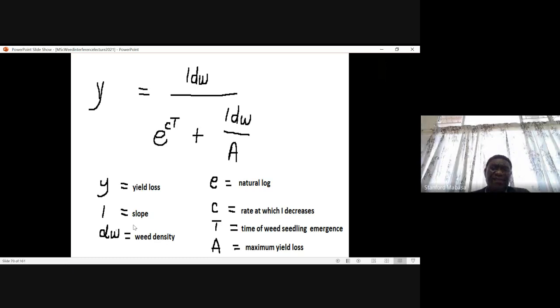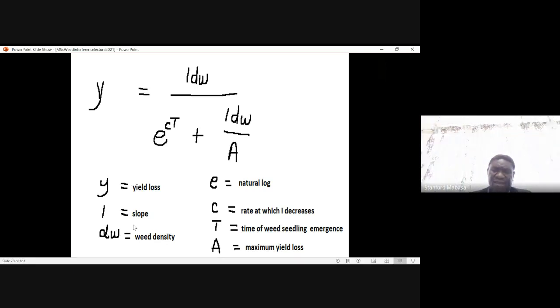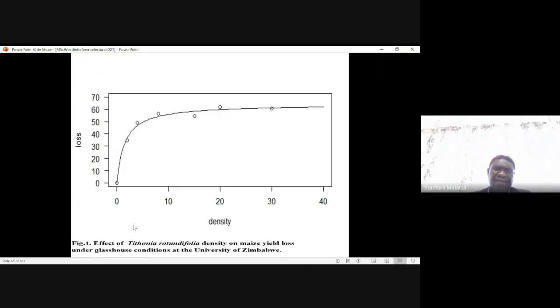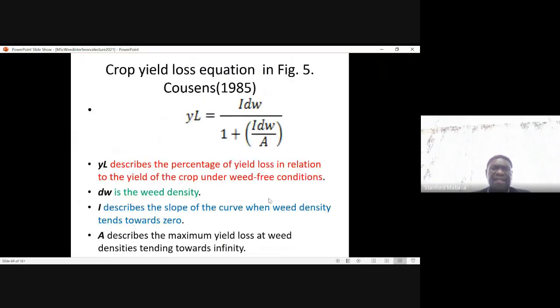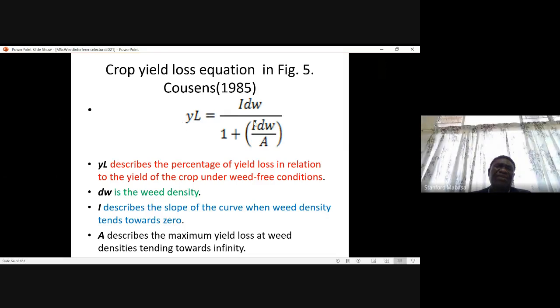And we said that time of weed seedling emergence makes this equation erroneous. It doesn't predict well the yield loss. So Cousins had to adjust this one.